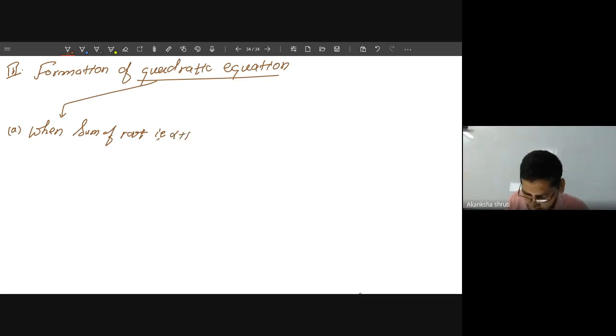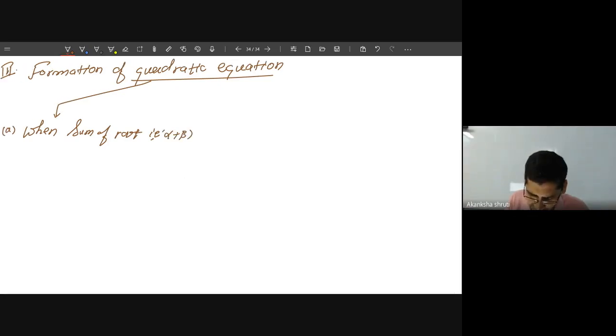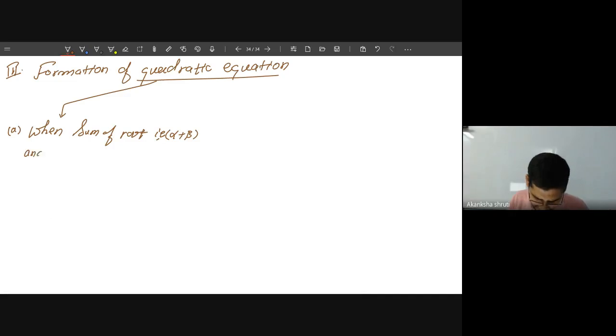Alpha plus beta and product of roots, that is alpha into beta, is known to us. So this is the first situation, when rather than knowing alpha and beta, we have alpha into beta and alpha plus beta known to us. It is the first situation. We will see how to get it.